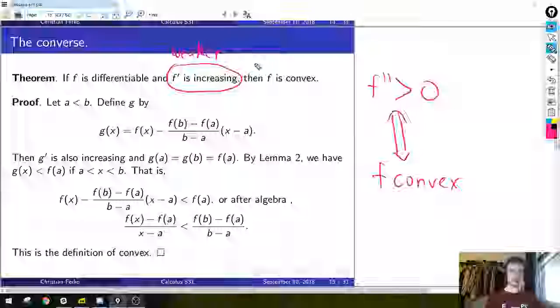You could have a function which is increasing but has a kink. So if f prime looks like this, it's still true that f prime is increasing, but it's not true that the second derivative is positive everywhere, because the second derivative doesn't exist at the kink. Anyway, that's why we said it that way. But in any case where the second derivative does exist, then this double-headed arrow will be true.